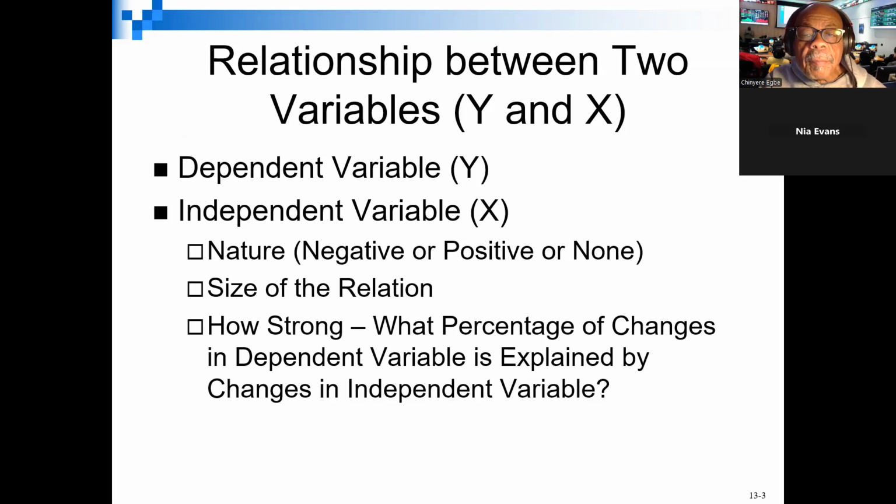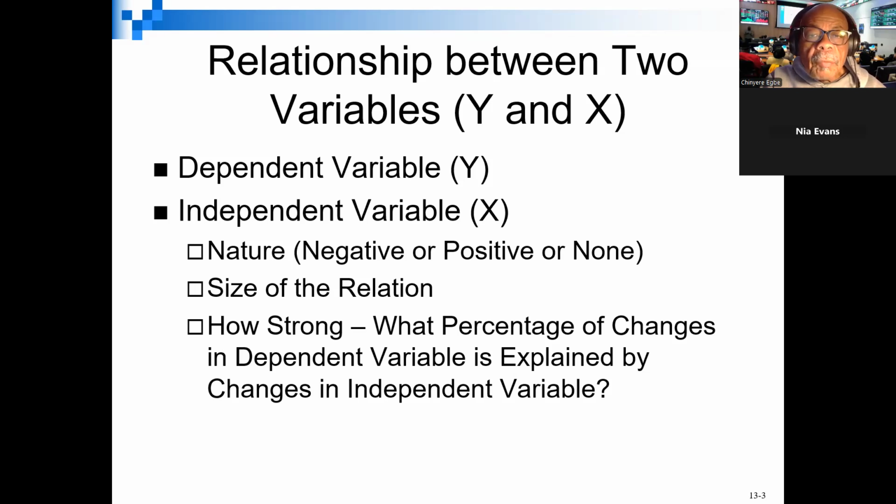For example, when you compare the average income of female school teachers and male school teachers, you're looking at one variable, their income, but you're looking at two subpopulations. That's a different thing. You're not looking at two variables. You're comparing two populations. That's one variable at a time.